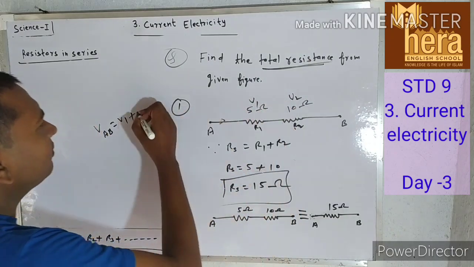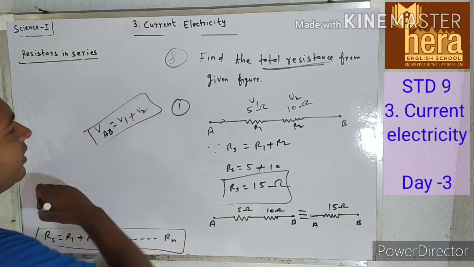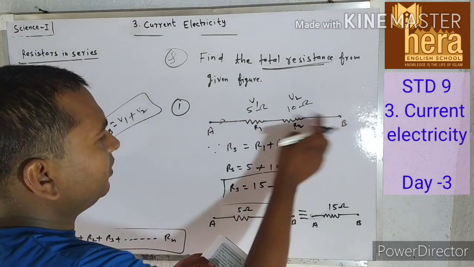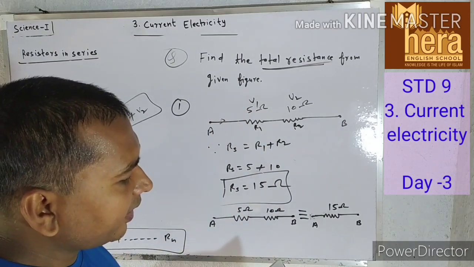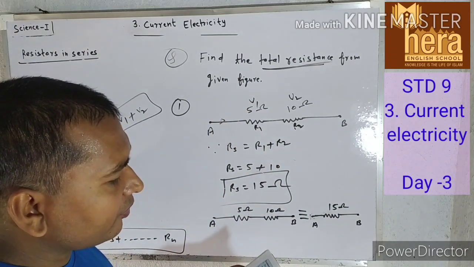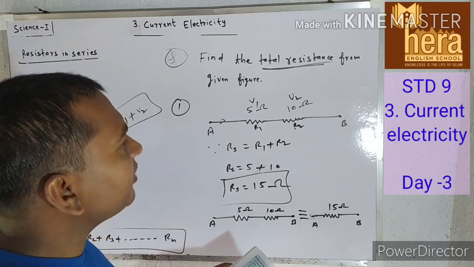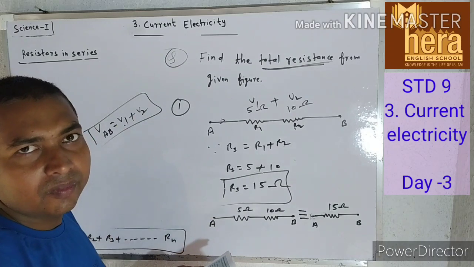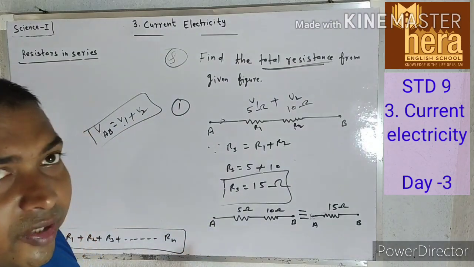Now read the sentence. The potential difference between the two extremes of the arrangement is equal to the sum of the potential differences across individual resistances. Sum of them means V1 plus V2. Right?